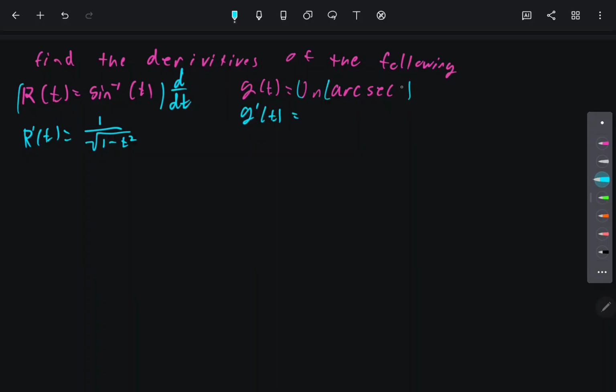We take the derivative of the natural logarithm with respect to arcsecant of t.